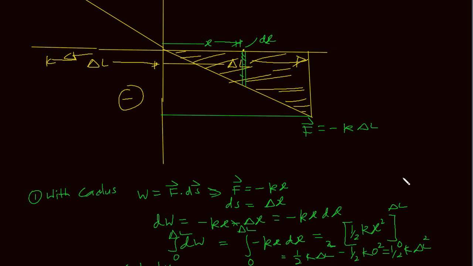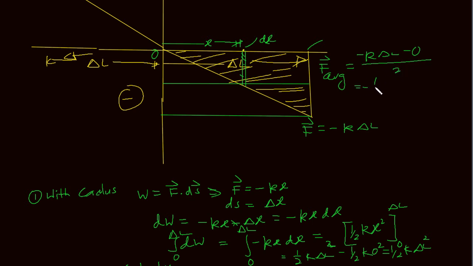Now let's work on the second method, without calculus. Because it is linear, we can say the average force is somewhere here. This is 0 here, and at this point the force is minus k delta L. So force average is minus k delta L minus 0 divided by 2.